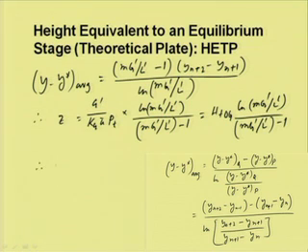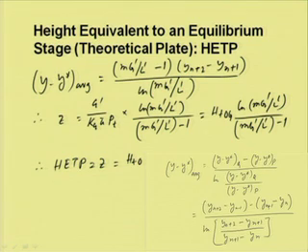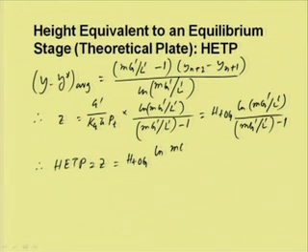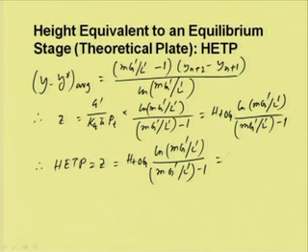Therefore, HETP, which is equal to Z, we can write as HTOG ln m G dash by L dash divided by m G dash by L dash minus 1, which we can write as HTOG ln of the stripping factor S divided by S minus 1.